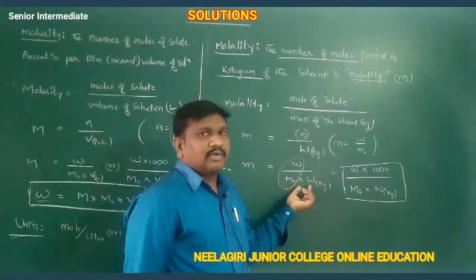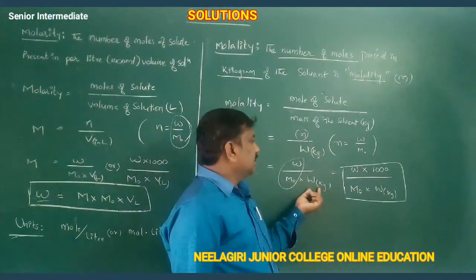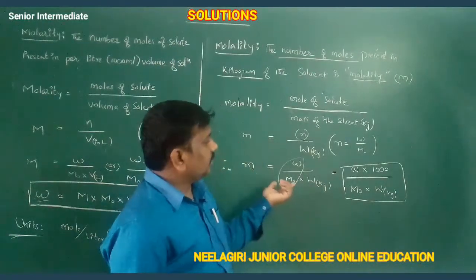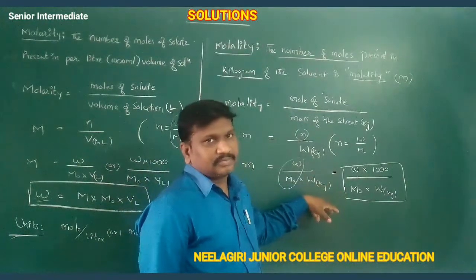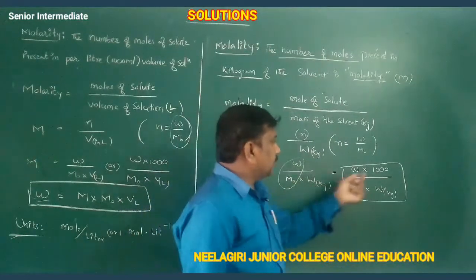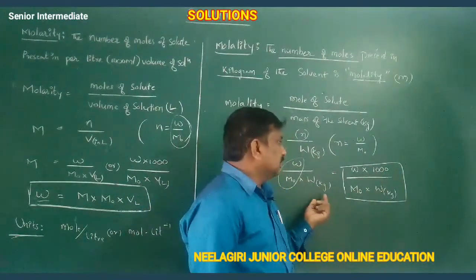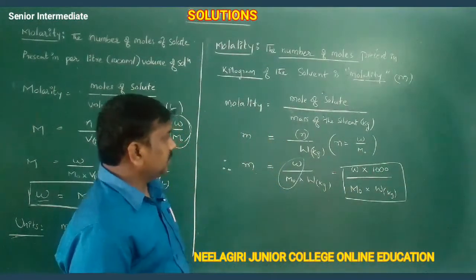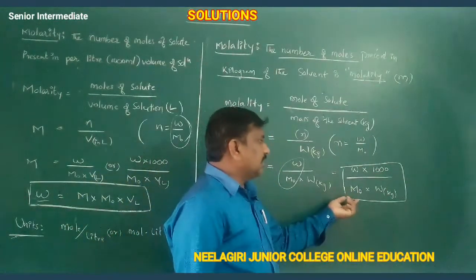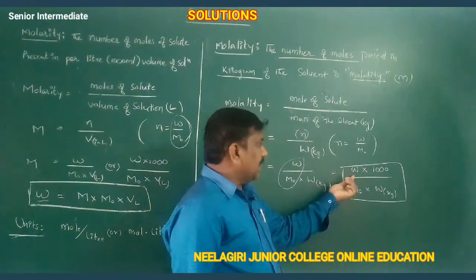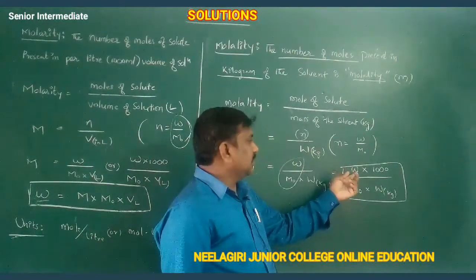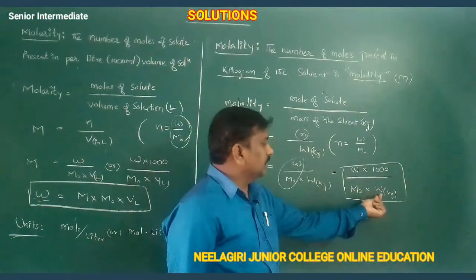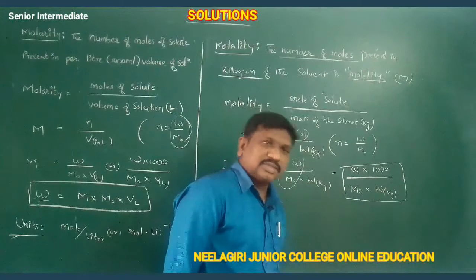If weight of the solvent is given in grams, we have to convert into kg. For that purpose, you have to multiply with 1000. Then the final formula of the molality is equal to weight of the solute into 1000 by molar mass of the solute into weight or mass of the solvent.